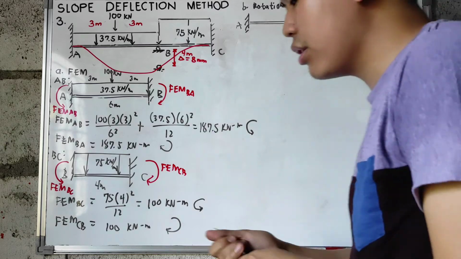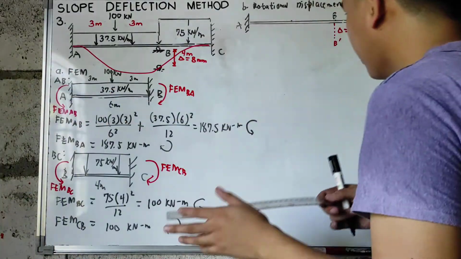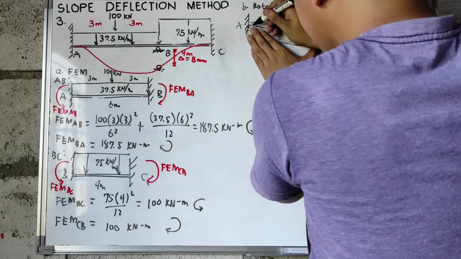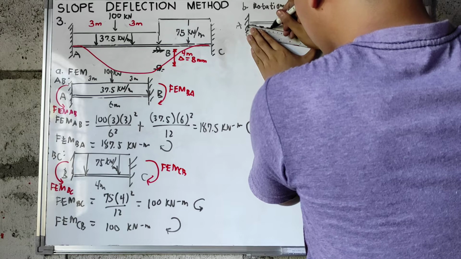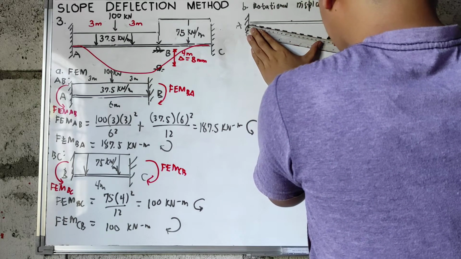So if you were going to illustrate, magkakaroon tayo dyan ng rotational displacement. Hahanapin natin yung value ng rotational displacement natin. So for this one, ito yung magsisilbing rotational displacement natin.